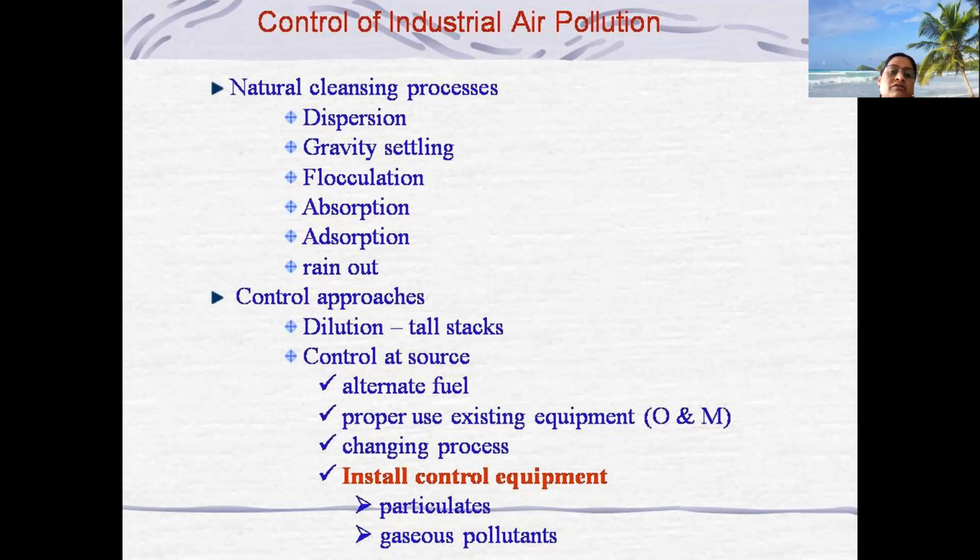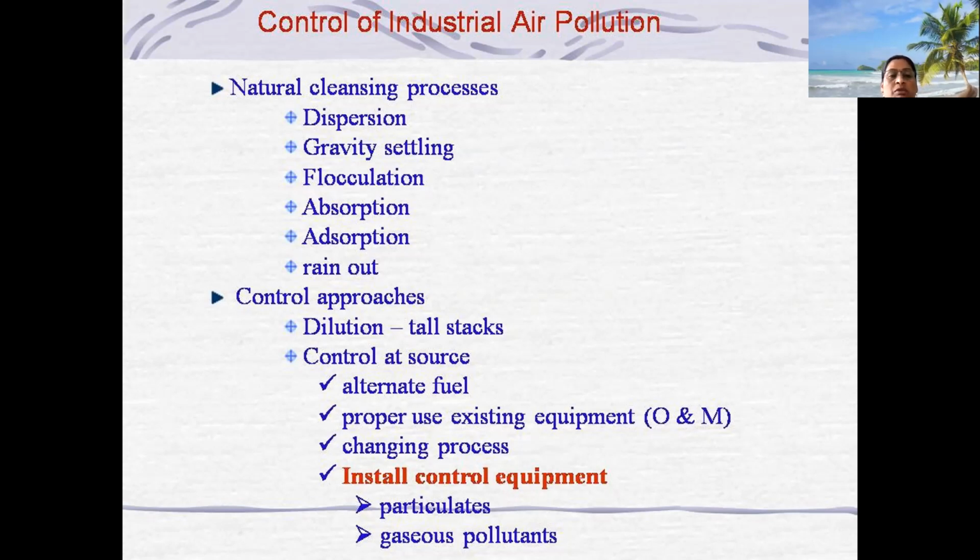Then gravity settling and flocculation. Sometimes the particle size is greater, and because of the greater size the particle becomes heavier and starts to settle down at the bottom by gravity.